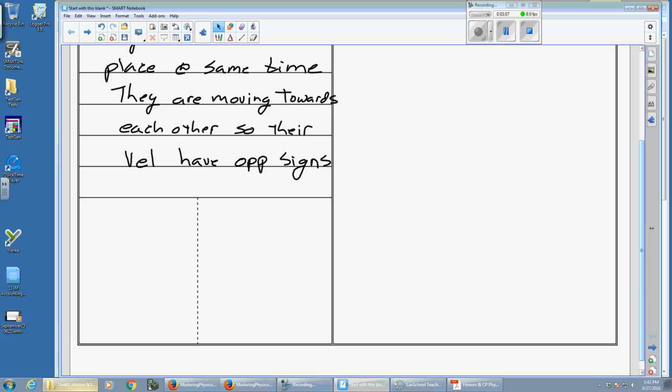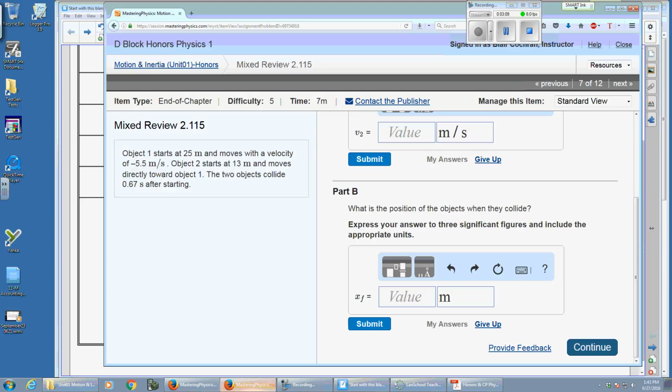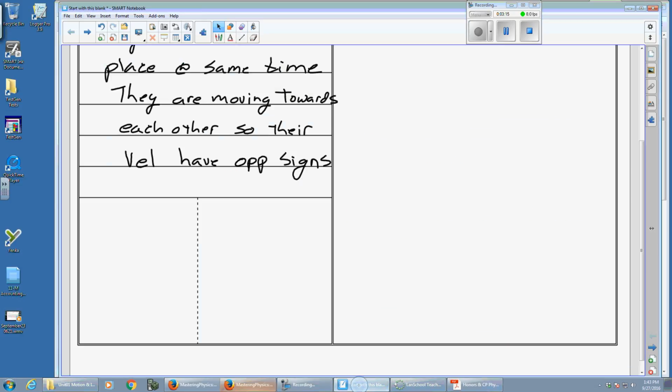Let's see. My object starts at 25, moves negative, and object 2 starts at 13. Okay, so here's object 1, and it's at 25 meters. Is it okay with everyone that I say to the right is positive? Okay. Oh, my object 1 looks kind of creepy.